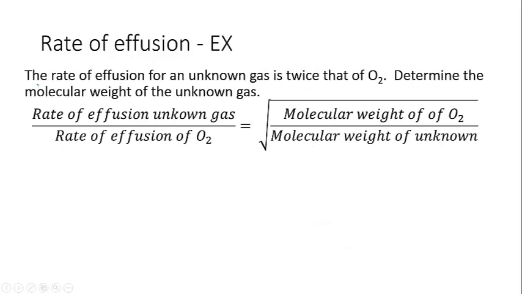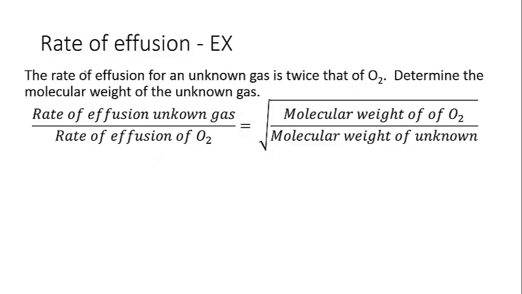So we can rewrite this expression as the rate of effusion of the unknown gas compared to the rate of effusion of O2 is equal to the square root of the molecular weight of O2 divided by the molecular weight of the unknown gas.